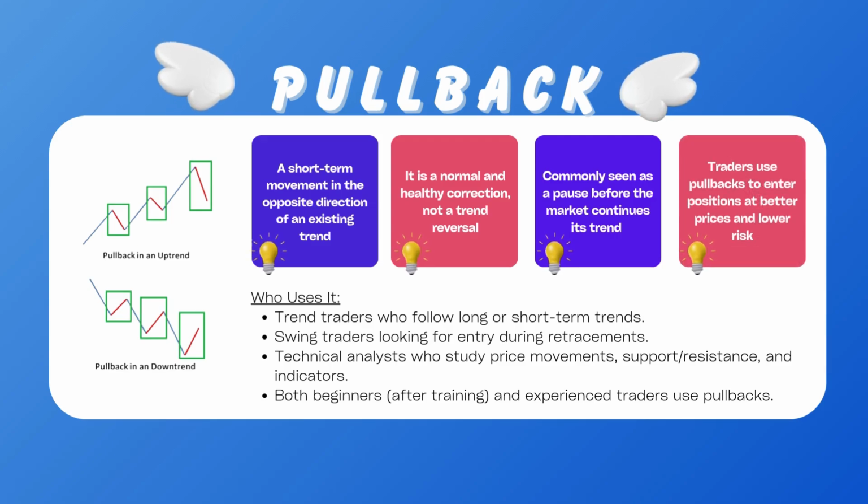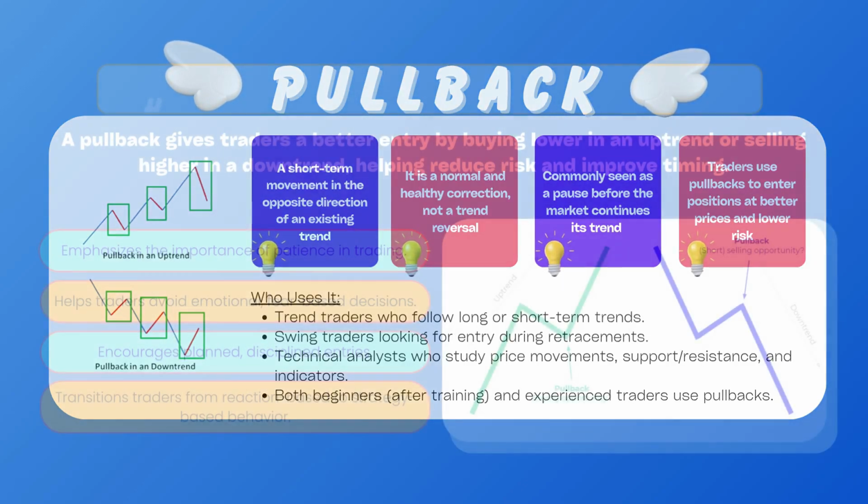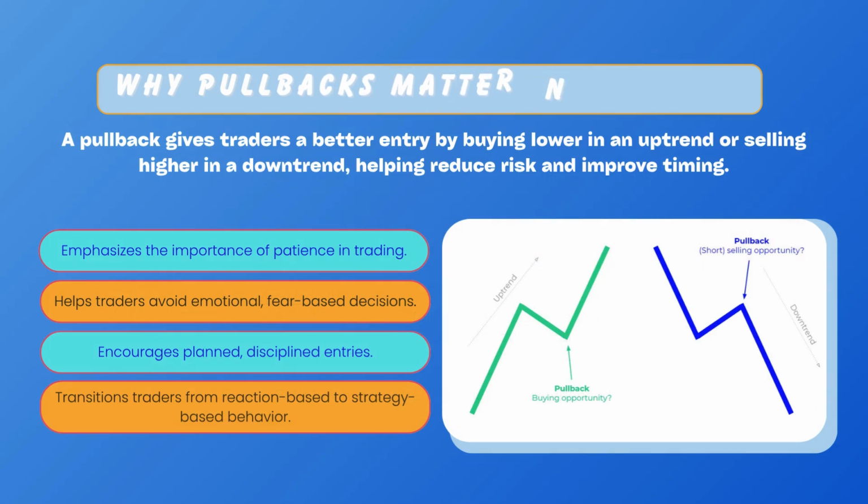Pullbacks provide opportunities for traders to enter at a better price and with lower risk. A pullback gives traders a better entry point by buying lower in an uptrend or selling higher in a downtrend. This approach not only helps to reduce risk, but also improves trade timing and overall effectiveness in the market.